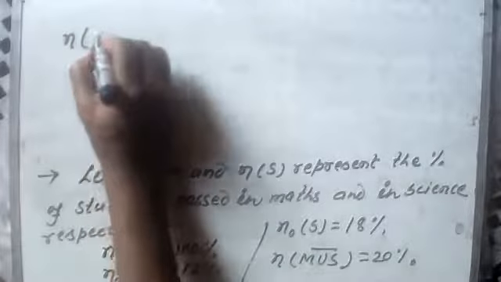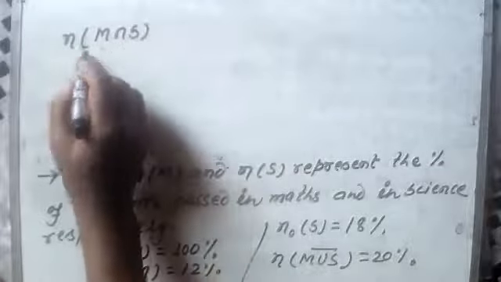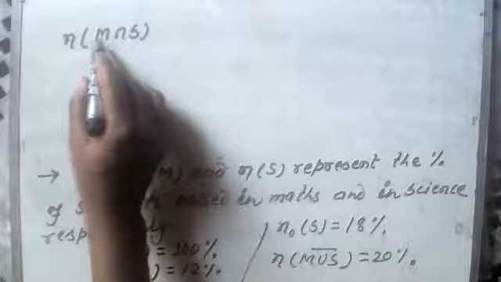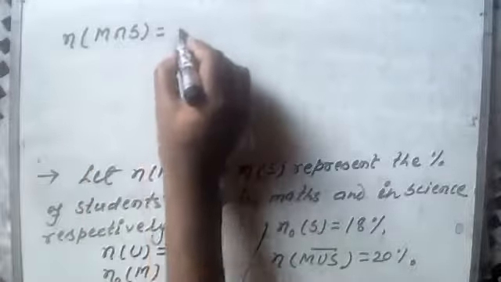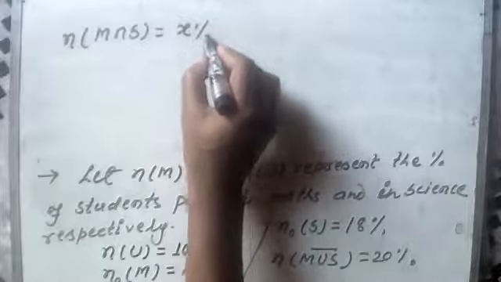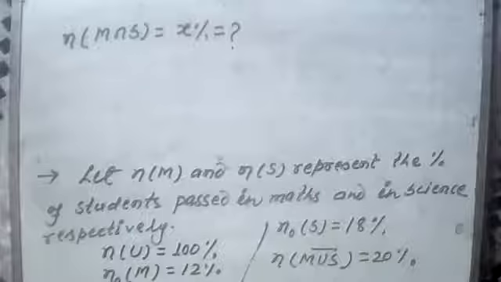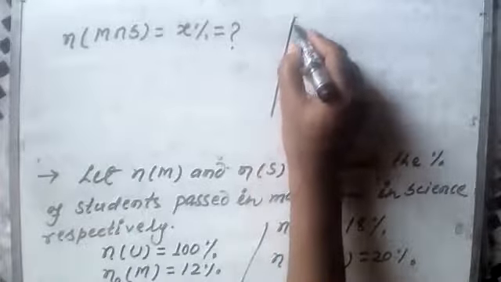And we need to find the percentage of students who passed in both maths and science, that is M intersection S, which is equal to X%, and this is to be found. X% is equal to what? Now we are going to draw the diagram.